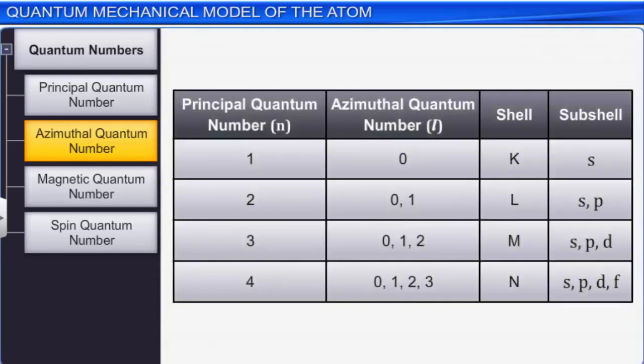Thus, the subshell in the K shell for n is equal to 1 is S. In the L shell with n is equal to 2 are S, P. In the M shell for n is equal to 3 are S, P, D. In the N shell for n is equal to 4 are S, P, D, F, and so on.